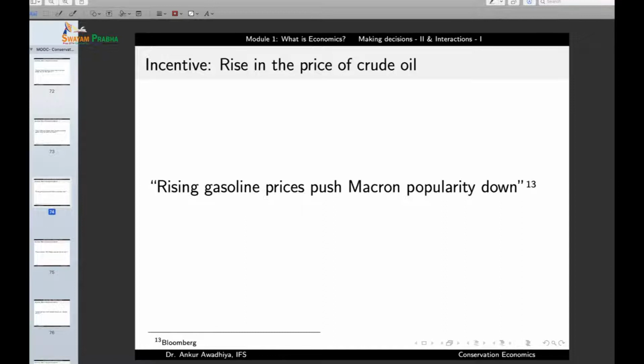Now this news article is saying that the popularity of the president is going down because he is not able to control the prices. So this is another impact of the rise in the price of crude oil. Then it says France protests, PM Philip suspends the fuel tax rises. So the government has now been induced to act.